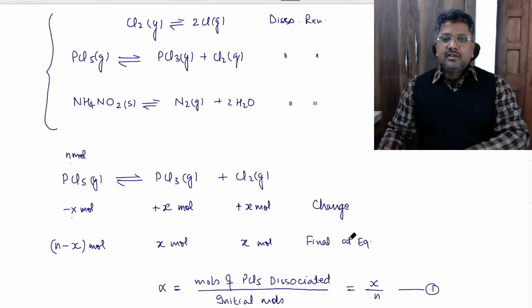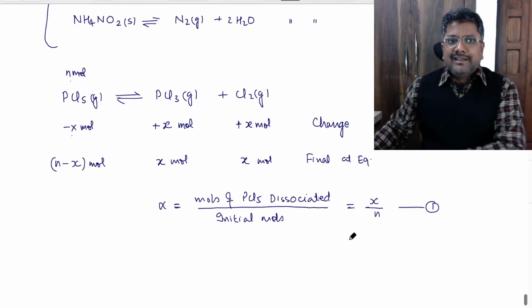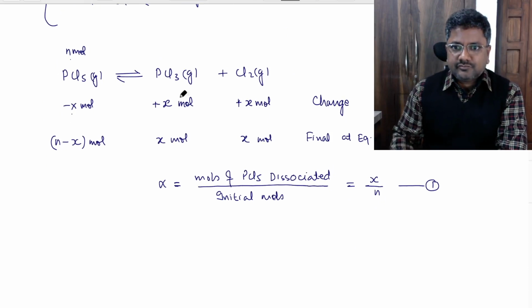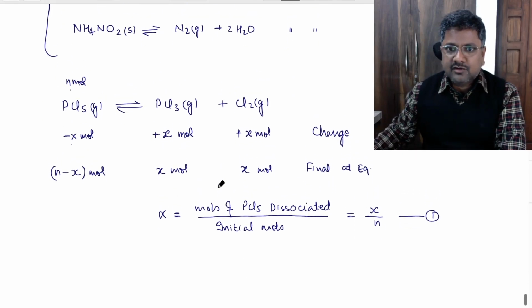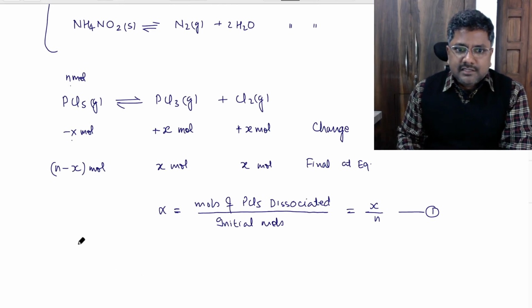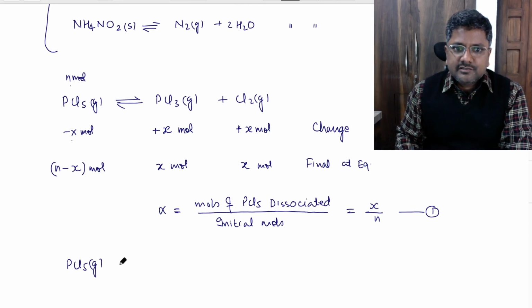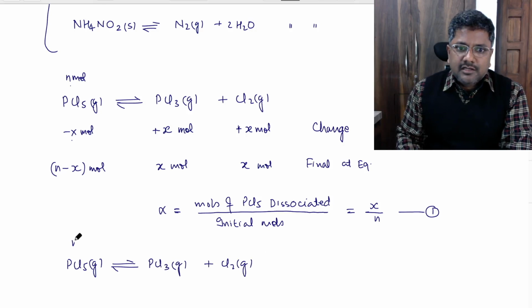Alpha. One more way to write this reaction, and alpha is the same in that case also. We can write here PCl5 gas gives PCl3 gas plus Cl2 gas, and n moles of this are given.